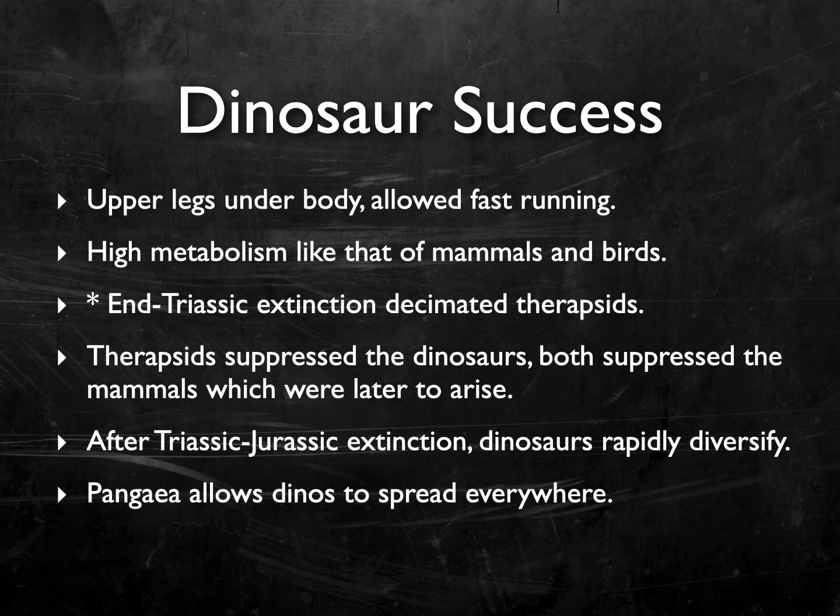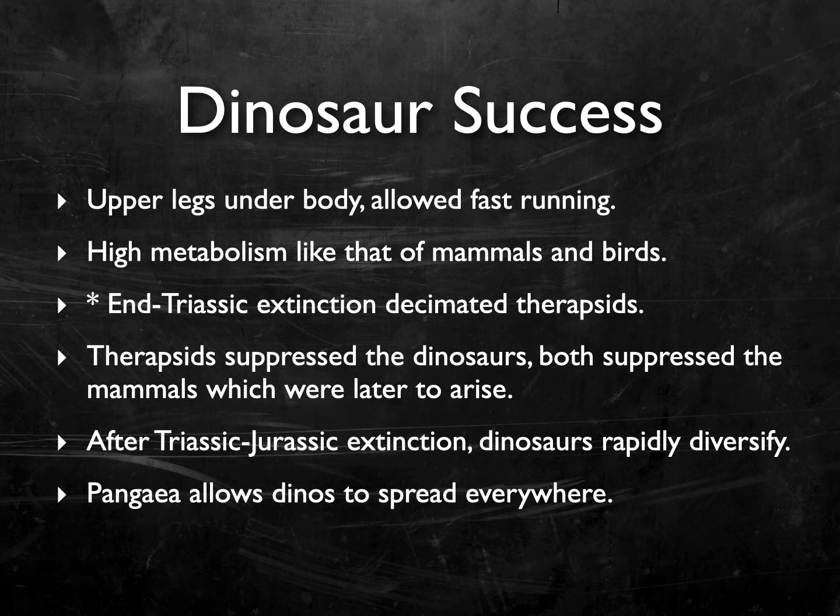But some other things: their upper legs being underneath their bodies, underneath their hips, allowed them to move very rapidly. We also know now that they had a very high metabolism, maybe like that of mammals or even birds, where that would have allowed them to move very rapidly.